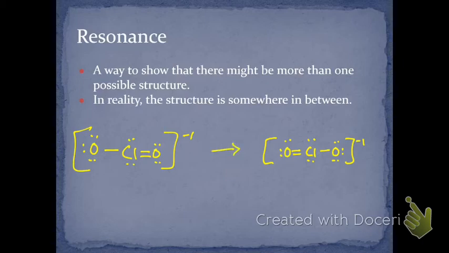The fact that these are two equally valid possibilities is resonance, so we call these resonance structures. The way we show it is with a double-headed arrow saying it works between these two. Now, actually it's somewhere in between. It's not like the double bond is fully here, and it's not like the double bond is fully here. It's almost like you could have 1.5 bonds.